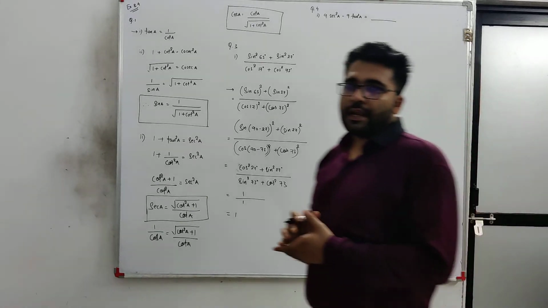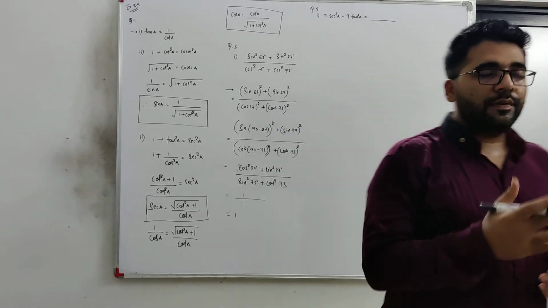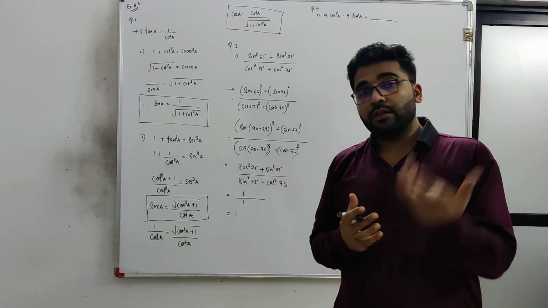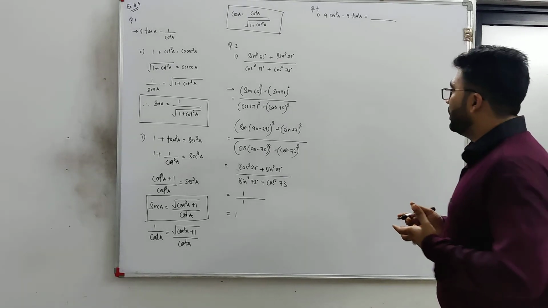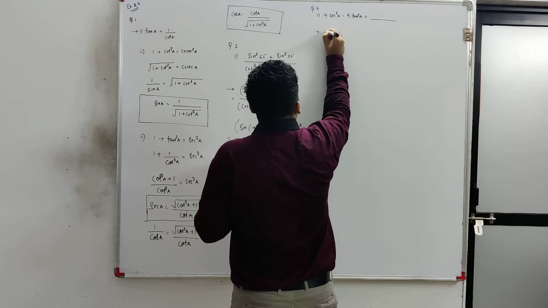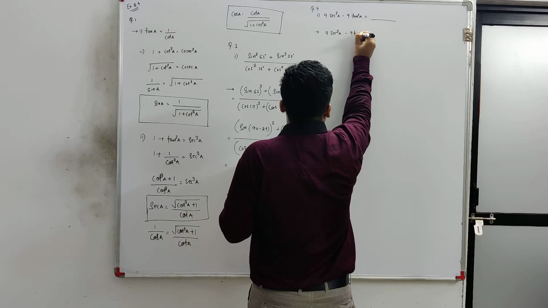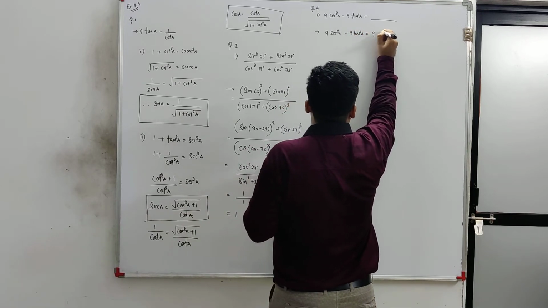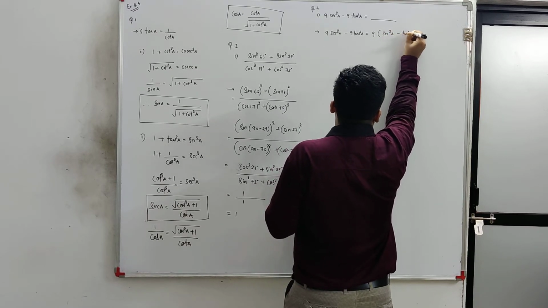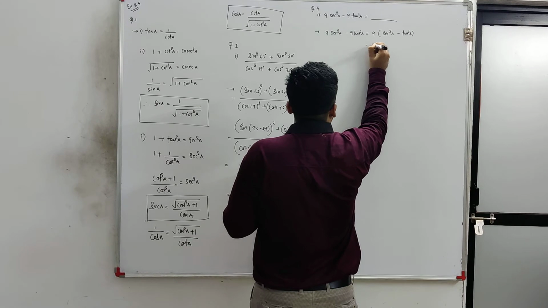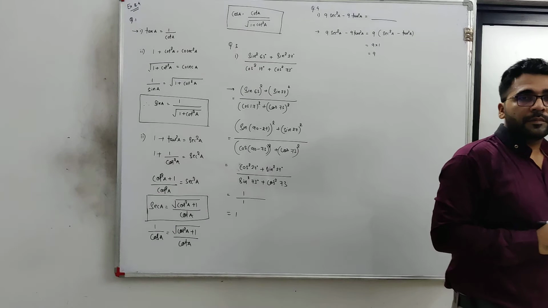See, that is one identity: 1 plus tan square A is equal to sec square A. And as we have seen, in the other form, sec square A minus tan square A is equal to 1. So here I take 9 sec square A minus 9 tan square A, and when I take out the common factor, I get 9 times sec square A minus tan square A. Sec square A minus tan square A is 1. So 9 ones are 9. My answer is 9.